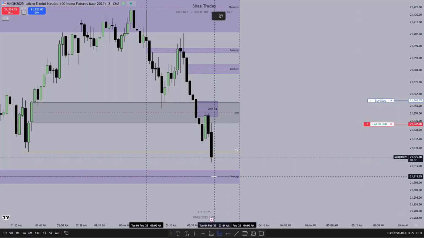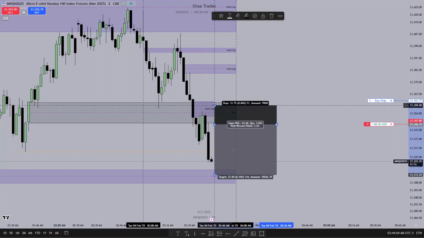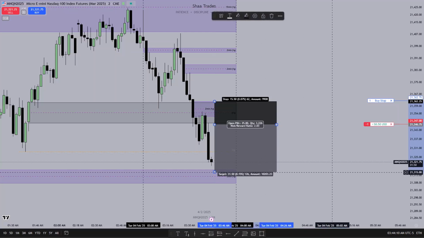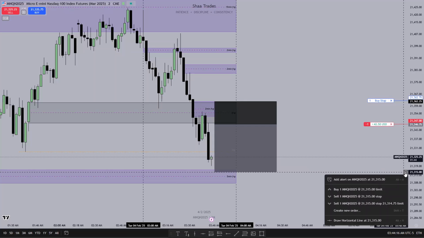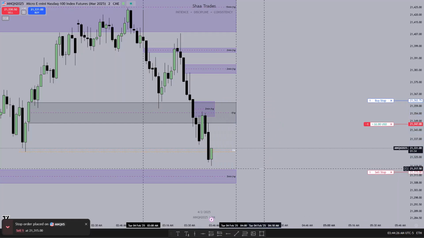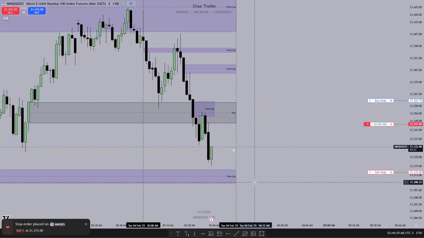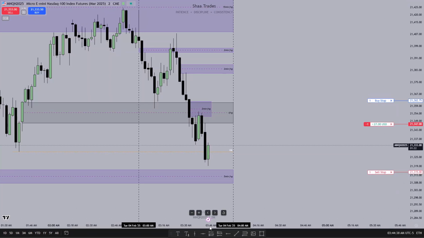So once price reaches, let's see, our entry about here, stop loss about there, I'm actually going to go for a 1 to 2 risk to reward here. So we're going to get out of the trade right there. So looking for a 1 to 2 risk to reward here.